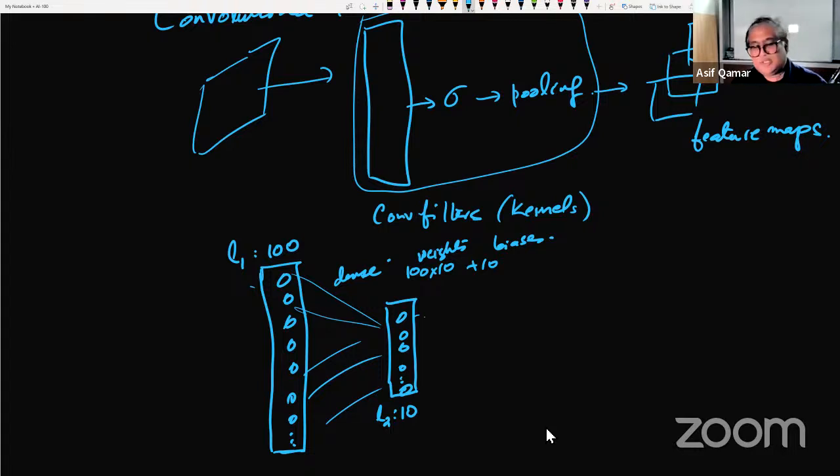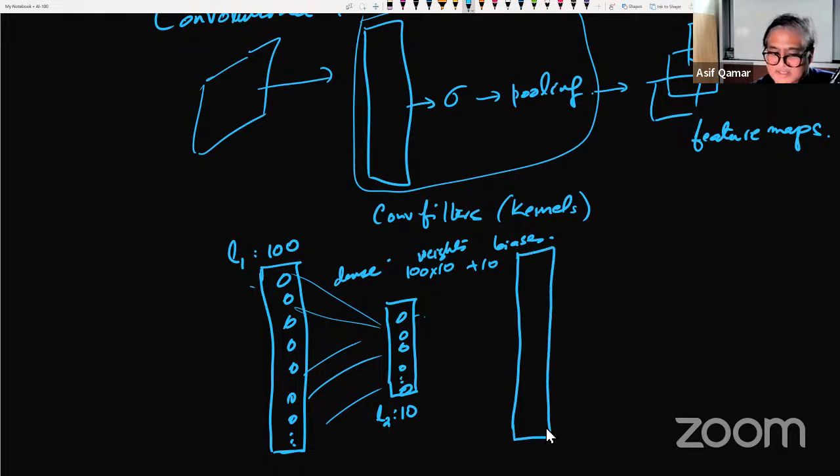Remember that when you were building your simple feed-forward network, you had a choice of how many layers to give. Now, just for fun, can I take the third layer and make L3 equal to 100, upping the number of neurons? Is there anything that prevents me from doing that? Nothing.